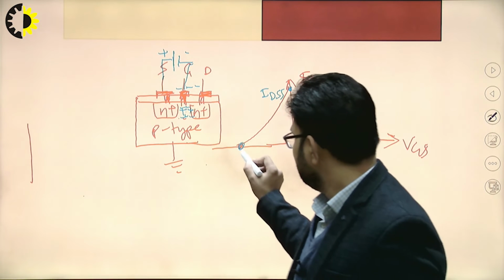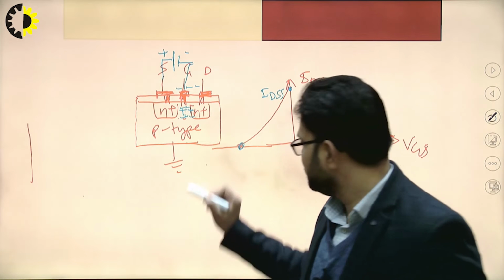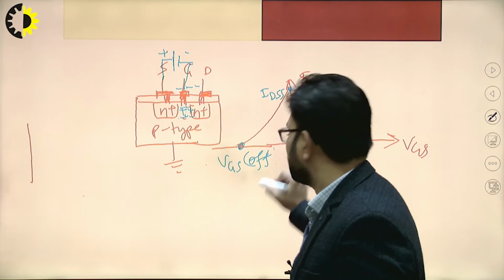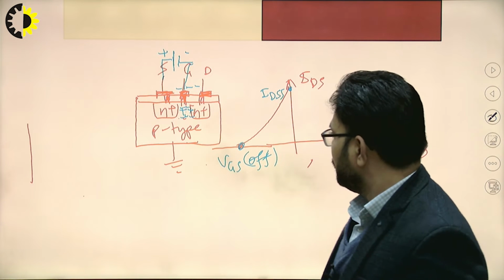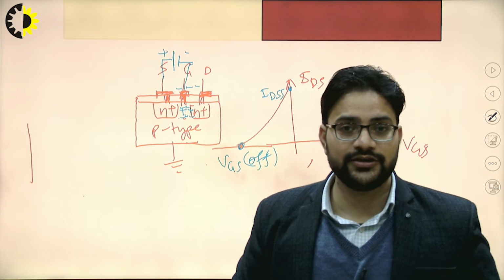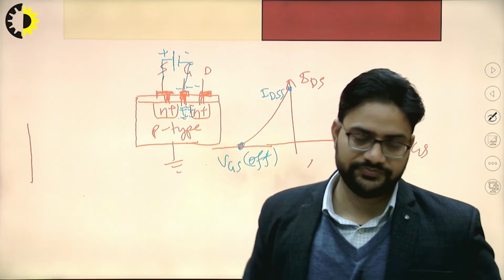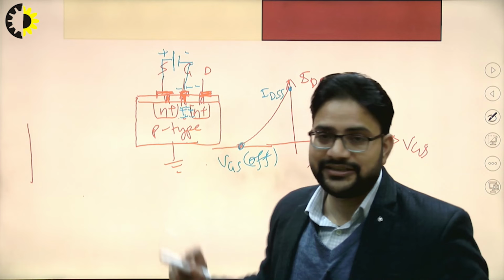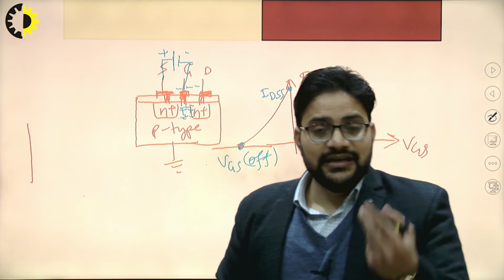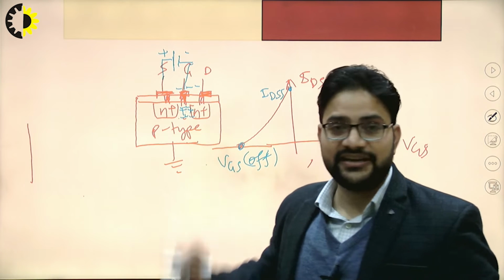At that point, this gate to source voltage is called VGS off or VGS cutoff, right? This condition is called the depletion type MOSFET working in the depletion mode, when the gate to source voltage is negative.